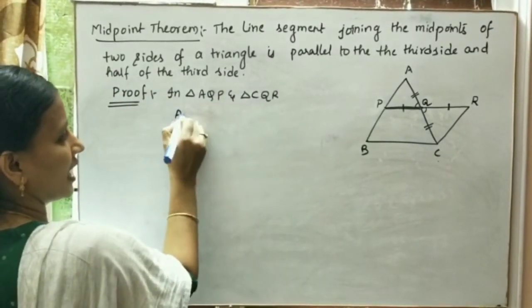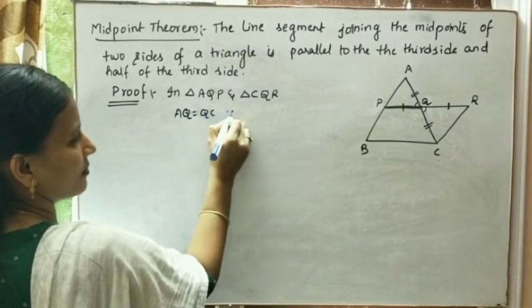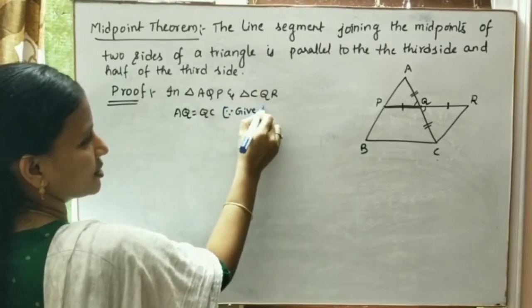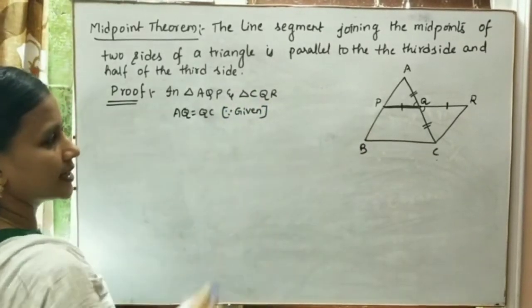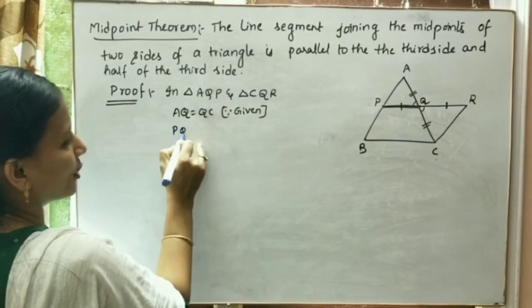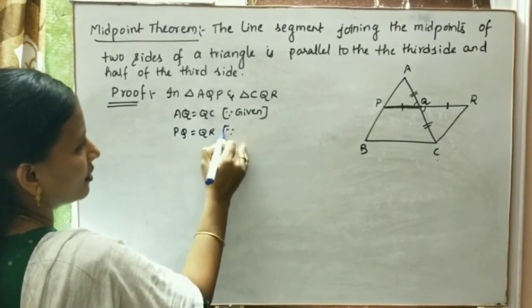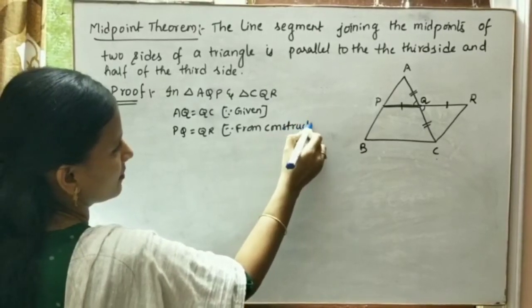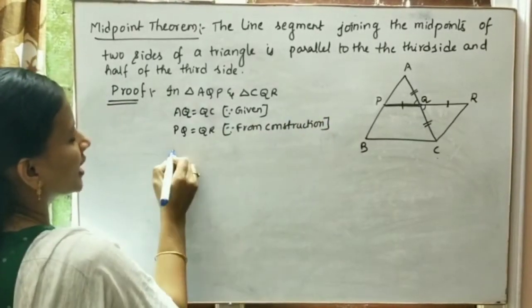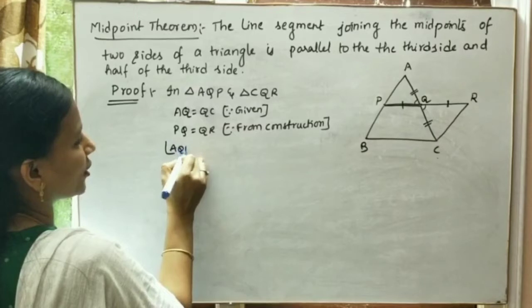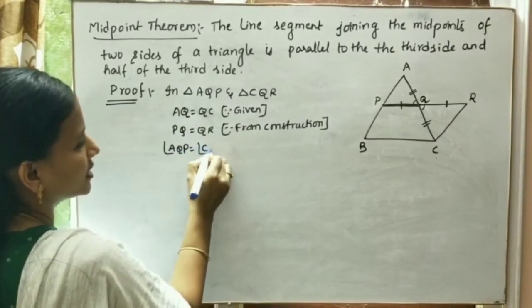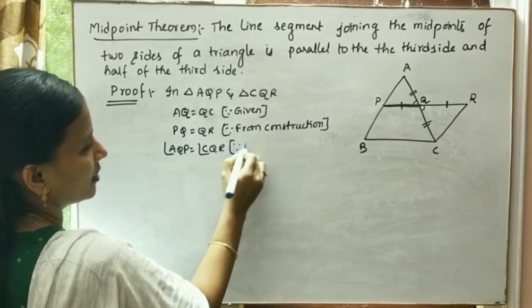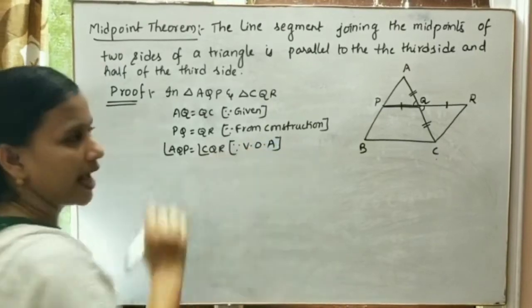So what can we write? AQ is equal to QC, given. Otherwise you can write Q is the midpoint of AC. And PQ is equal to QR, from construction, and angle AQP is equal to angle CQR, vertically opposite angles.